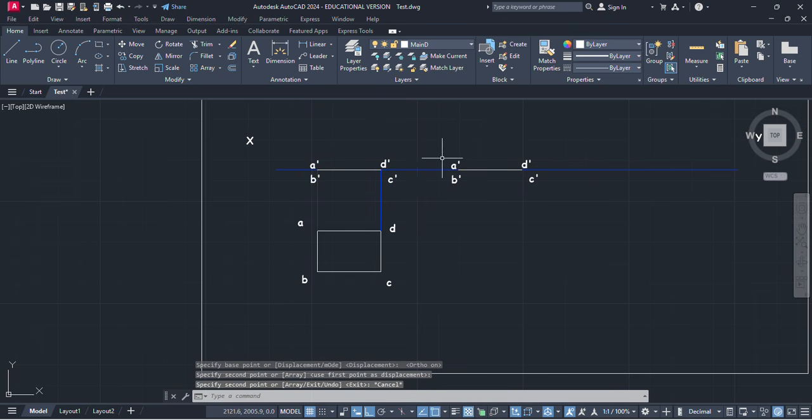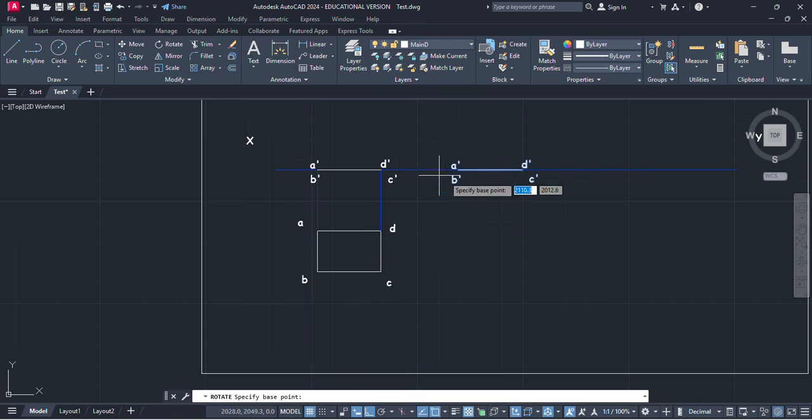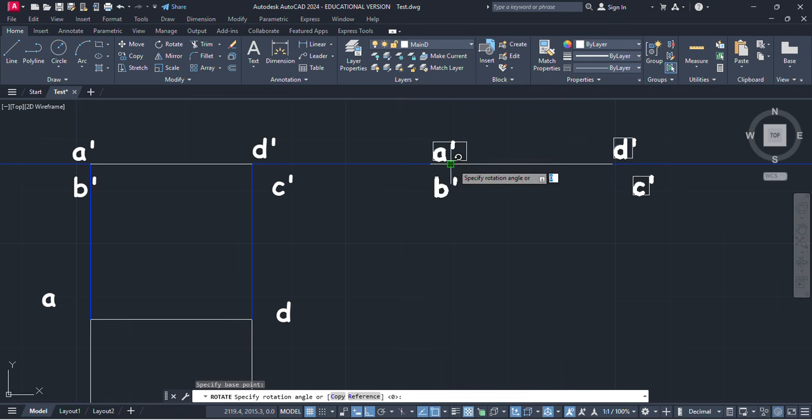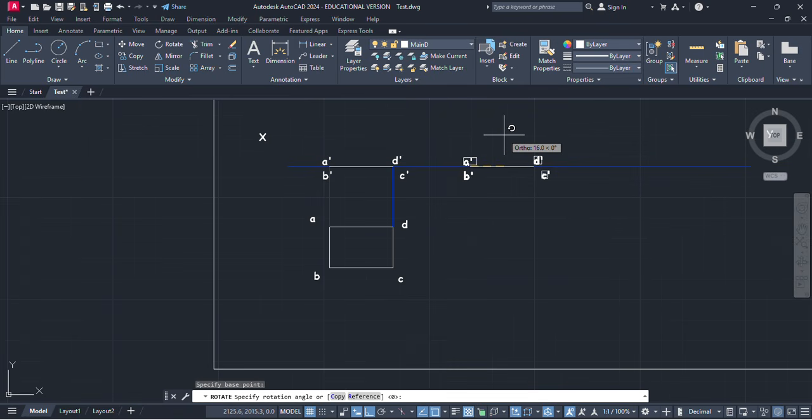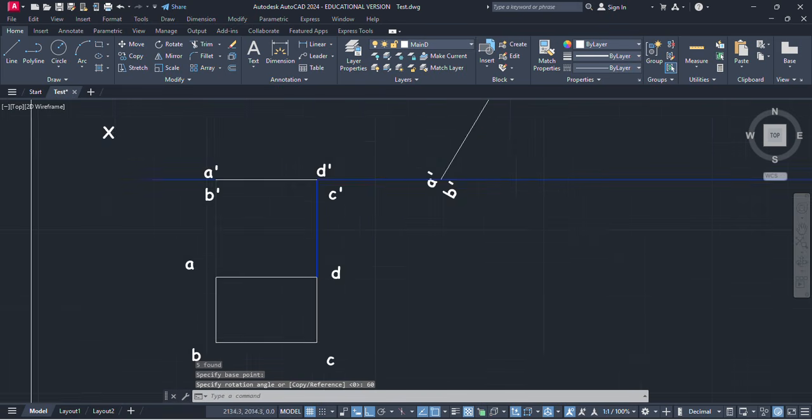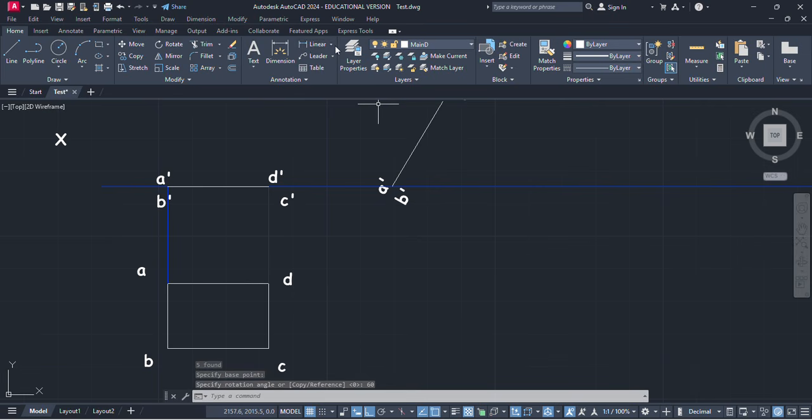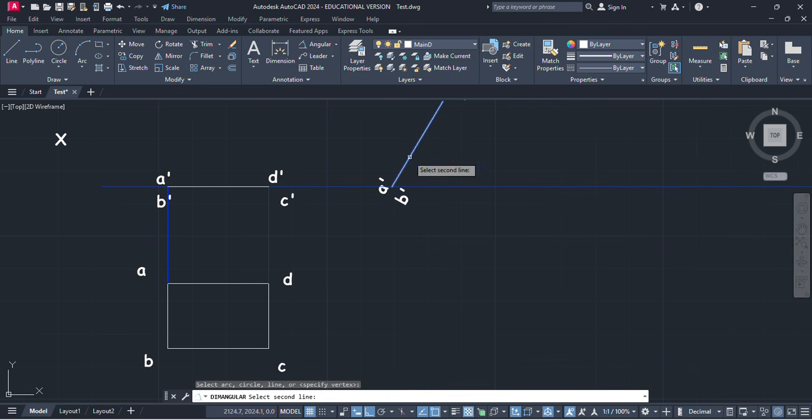So this is going to be copied at this one. Now I have to rotate this by 60 degree. Now rotate this, just give the rotation angle 60. Now you can check whether it is at 60 degree or not. Angular, this one, 60 degree.